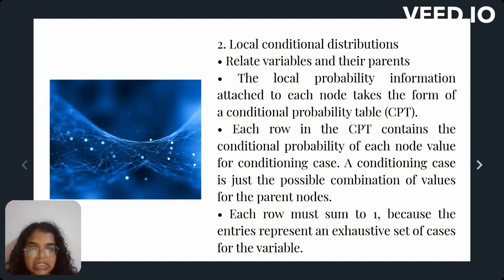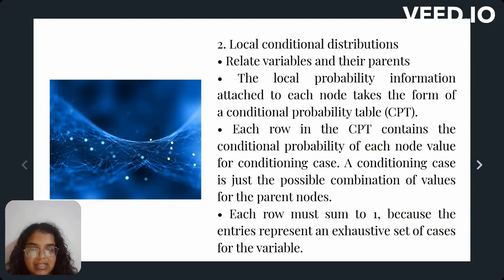Local conditional distributions relate variables and their parents. The local probability information attached to each node takes the form of a conditional probability table. Each row in the CPT contains the conditional probability of each node value for a conditioning case.